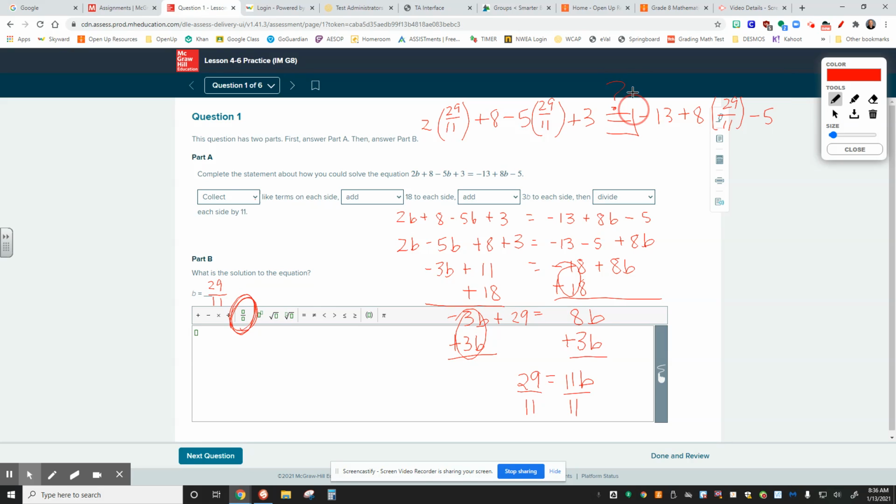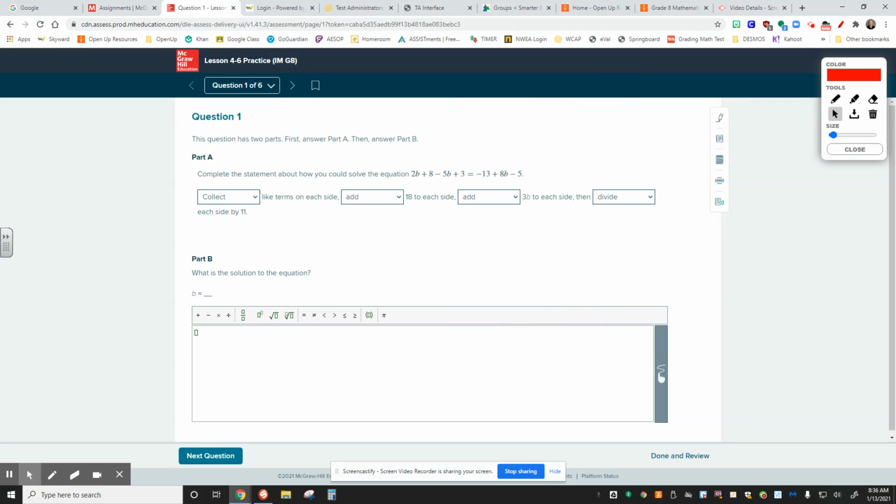Verify that this is really true when b is 29 elevenths. Okay, and you'll be doing that on each of the next 3 problems.